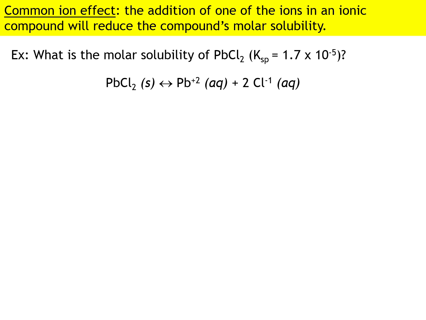So we go through the steps again: write down the reaction equation, write down your Ksp expression, and substitute in your stoichiometric amounts. So x is for the lead 2 plus ion concentration, and 2 times x is going to be for your chloride concentration.